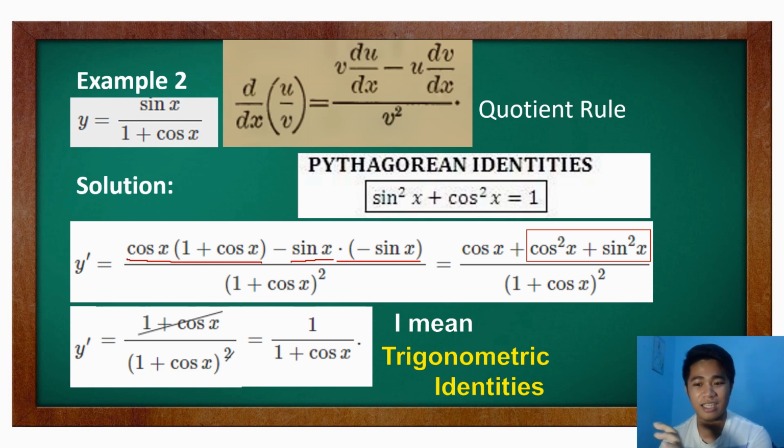So if you think that equation can be simplified using the Pythagorean identities, then go ahead. If you simplify it first before you derive, that's okay. No big deal for that. The answer will be the same. Alright? So you can use the Pythagorean identities before deriving or simplifying the answer. Alright? So let's move on to our third example.